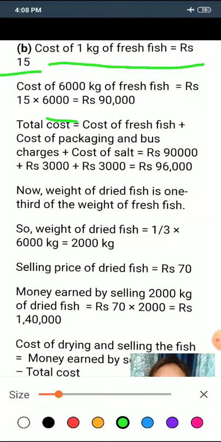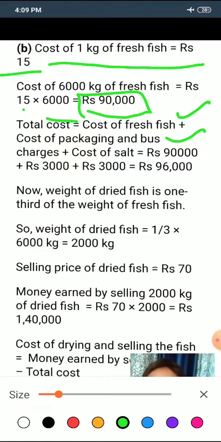So when we will multiply by 6,000, we will get 90,000. Now the total cost will be equal to cost of fresh fish, cost of packing, cost of salt, and bus charges we have to calculate. So all together will be 96,000.